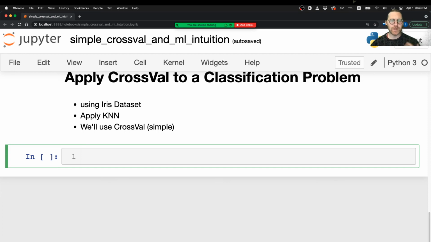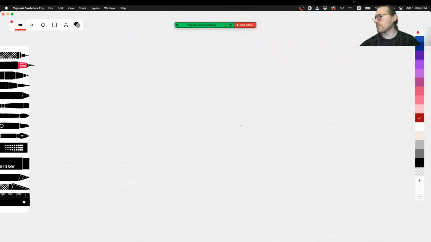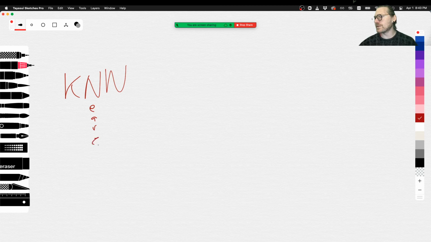KNN means K nearest neighbors. All right, so we've got KNN. This is K nearest neighbors. And there are some interesting things about this.